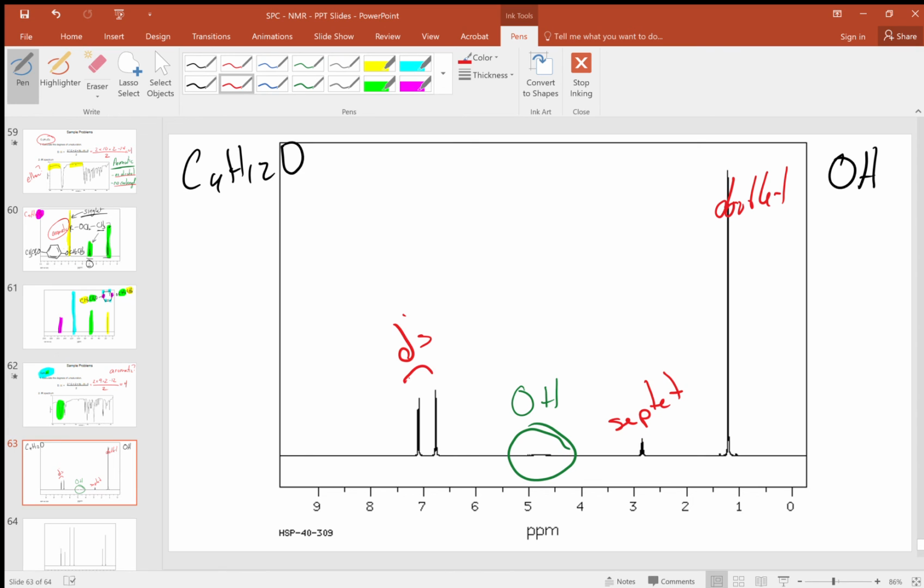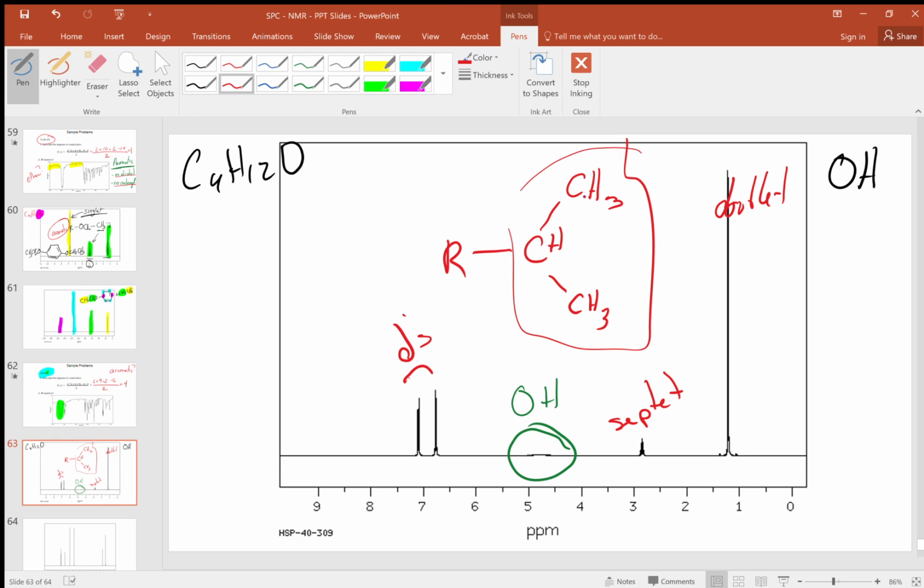So if we have a septet, the only way, I shouldn't say the only way, but 99.9% of the time, a septet, because that means being adjacent to 6, the only way to get that is with 2 methyl groups, which means we have something that looks like this.